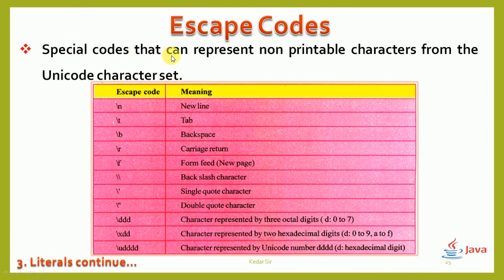These are special codes that can represent non-printable characters, and characters not available on the keyboard, from the Unicode character set. For example, if you want to add a new line, use \n; \t is tab, \b backspace, \r carriage return, and the different other escape codes are given here.